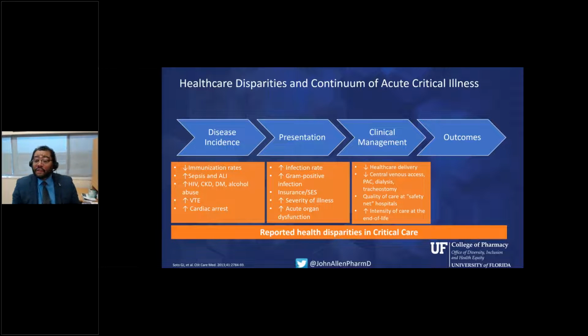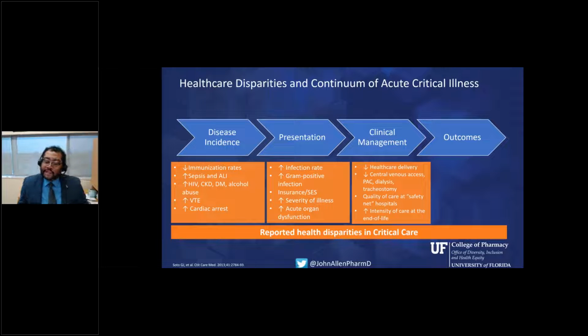With respect to clinical management, there are decreases or deficiencies in healthcare delivery among racial and ethnic minorities, which oftentimes is a function of institutions that service areas that have a large number of historically minoritized groups.